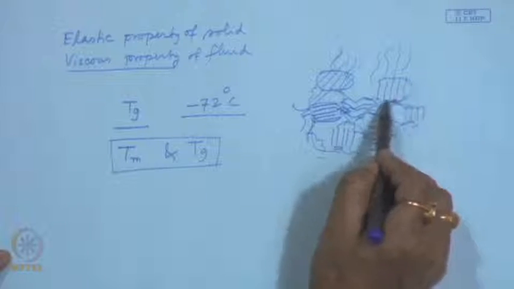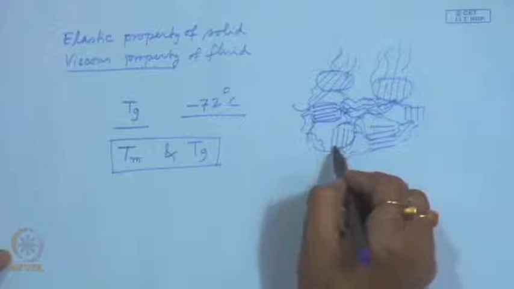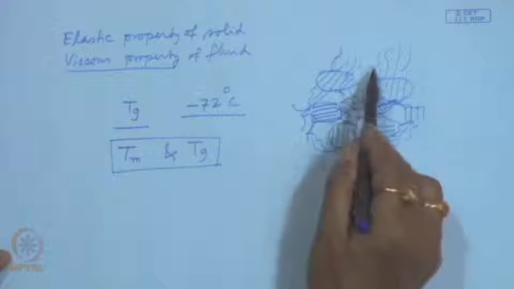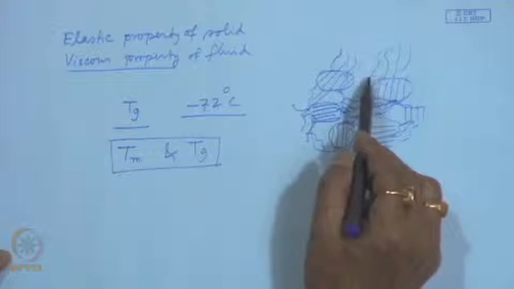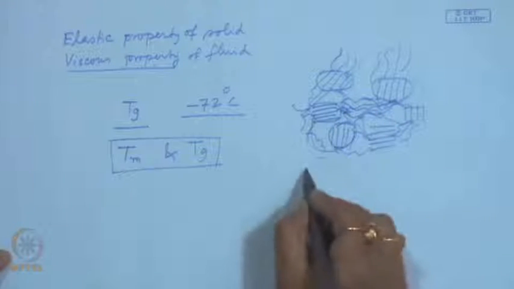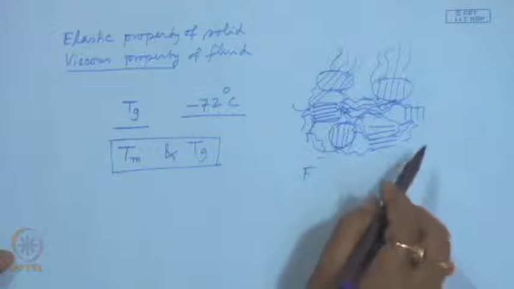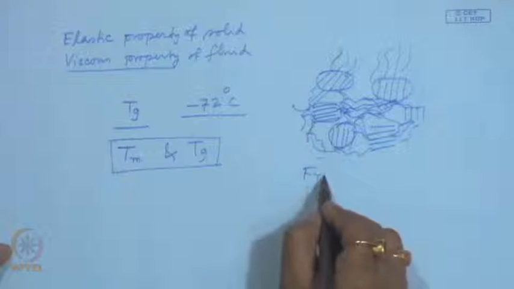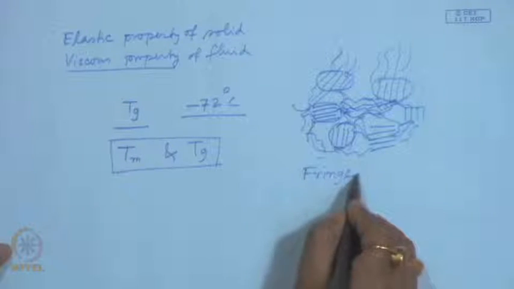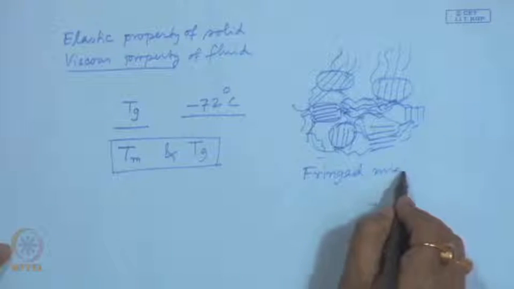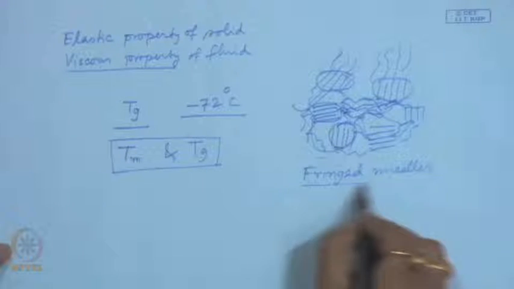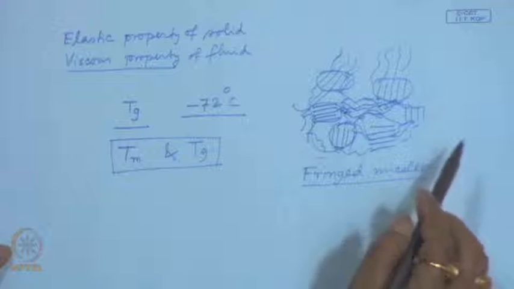So, in fact, we can have a distribution of crystallites in an amorphous state. This kind of morphology is known as fringed micellar morphology, or the fringed micellar concept.